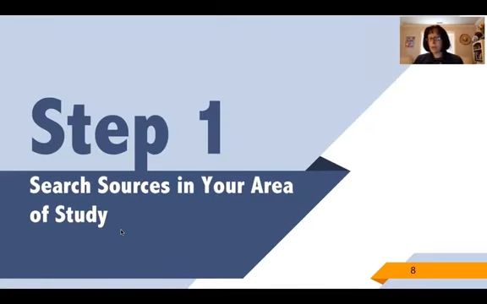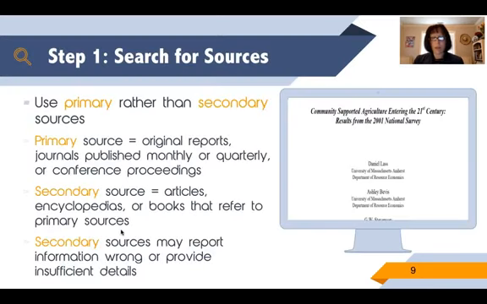I'm going to show you some methods of collecting and organizing your sources. I want to make sure you understand that when writing a master's thesis proposal or your master's thesis, you really need to use primary sources. These are original reports, journal articles that have been peer-reviewed and published in monthly or quarterly journals, or conference proceedings.